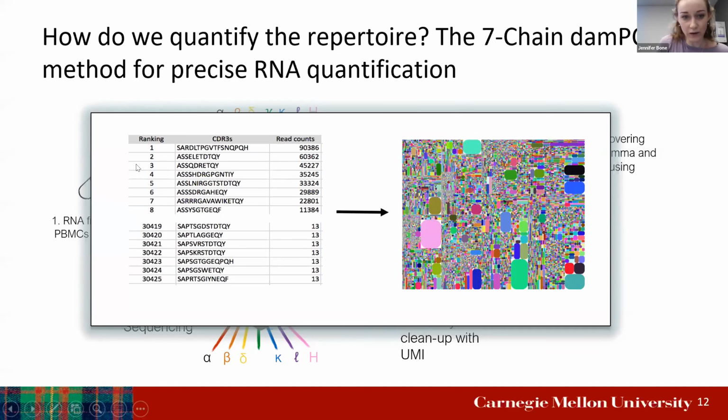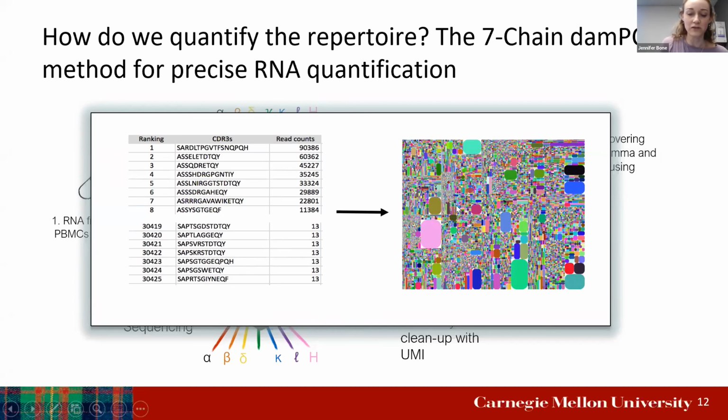And if I were to take all of these CDR3s from this one patient sample and try to visualize them, we get what we call these tree maps, in which all these little rectangles are a different CDR3, and the read count is related to the size of the rectangle.